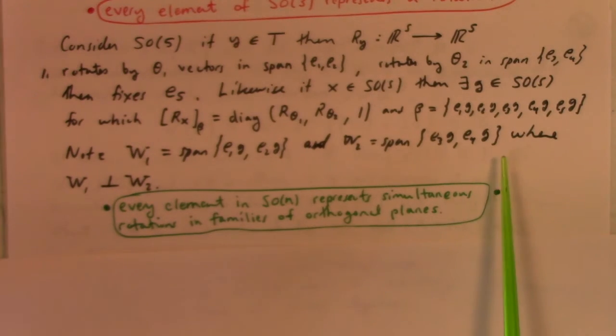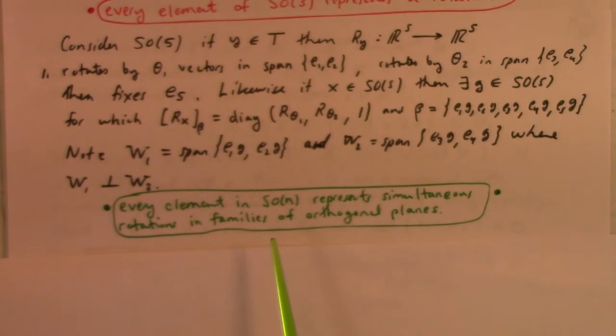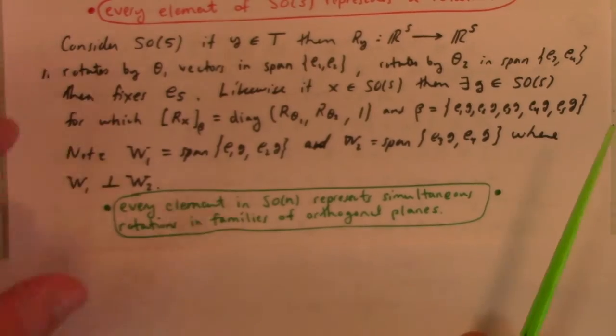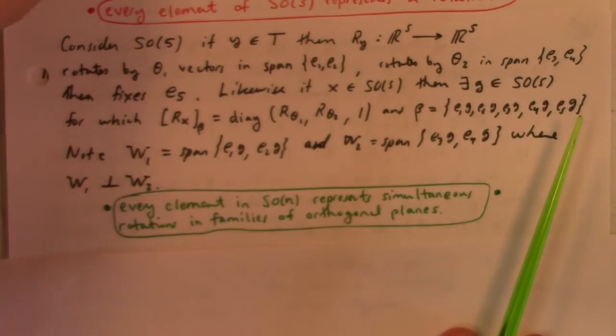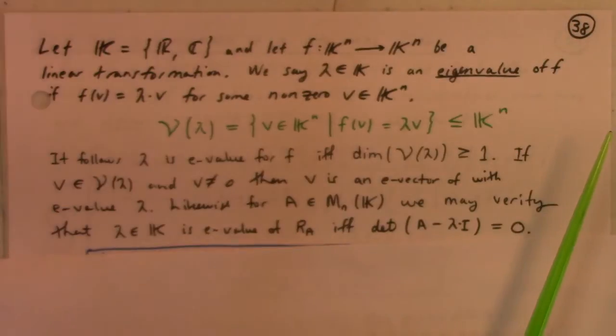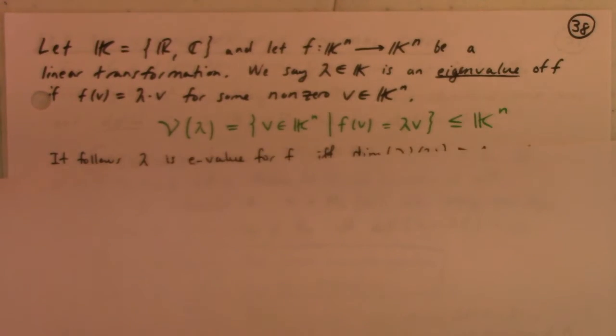And this same kind of argument can be given for SON to show, as we claimed earlier, every element in SON represents simultaneous rotations in families of orthogonal planes. That's what it is. It's just rotations upon rotations upon rotations. And similar comments apply to the other standard matrix groups because of this maximal tori result that we have.